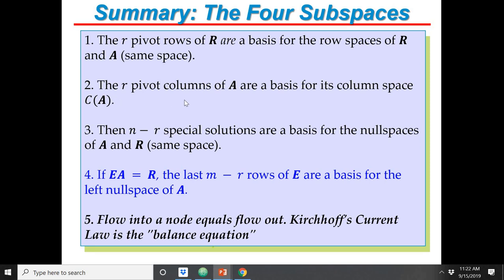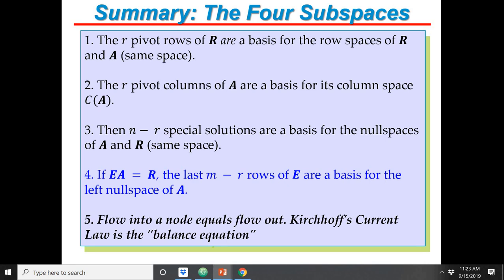We identify the null space solutions. So N minus R are the special solutions. We have discussed in an earlier lecture how to compute those. And eventually we defined the left null space, all right? The dimensionality of the left null space is M minus R. These are the 0 rows that we get when we do elimination, and the left null space tells us the combination of the rows that gives us 0.